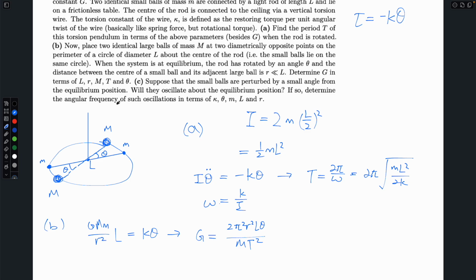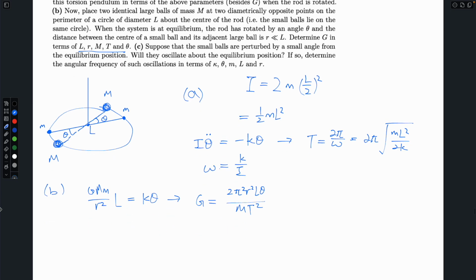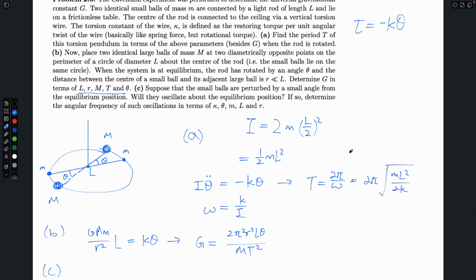Because they ask you to express it in terms of these variables. Okay? So part C is the one where you have a simple harmonic oscillation. So I will adopt the method that we went through just now.